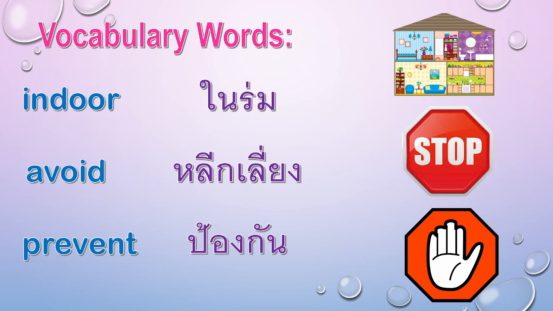What will you do to prevent having COVID? It means what do you do to stop so that something will not happen to you. What do you do to avoid, to prevent getting in danger? What do you do to prevent accidents?